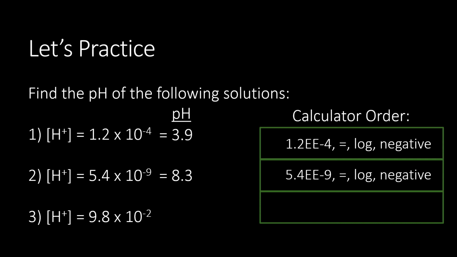Last but not least, number 3. This solution has a hydrogen ion concentration of 9.8 times 10 to the -2, and that's what I type in first. 9.8 EE -2, then equals, then log, and then negative to get 1.0.